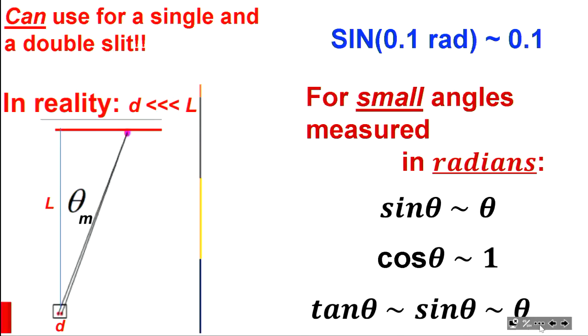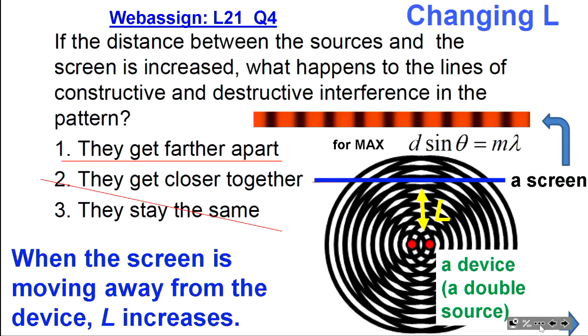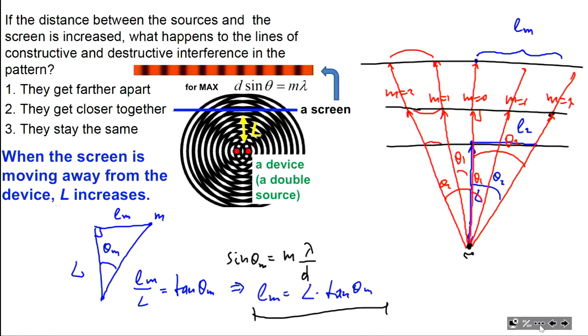But now, with this knowledge, if we go back to this problem, we actually can write that this ratio, theta over theta m, should be equal to this. And also, we can get rid of the tangent symbol. And these equations are much easier to solve.